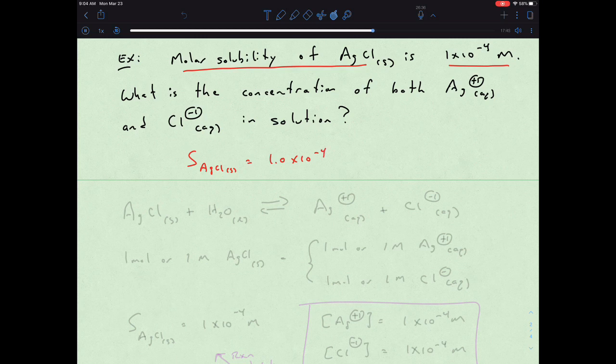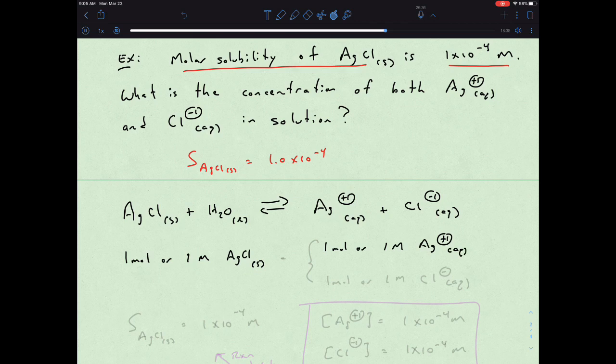And then looking at the equilibrium reaction that results, and just to write it again, this is really just a conversion process: for every 1 mole, or 1 molar, of silver chloride that goes into solution, that would be equal to 1 mole or 1 molar silver plus 1 in solution, or 1 mole or 1 molar chloride in solution.